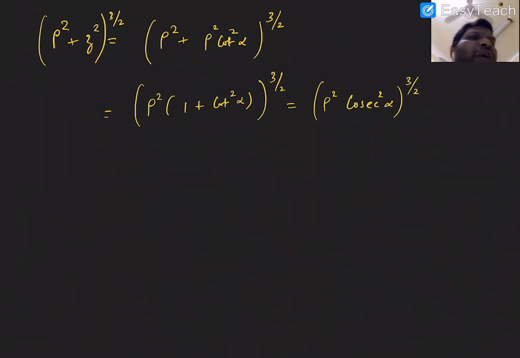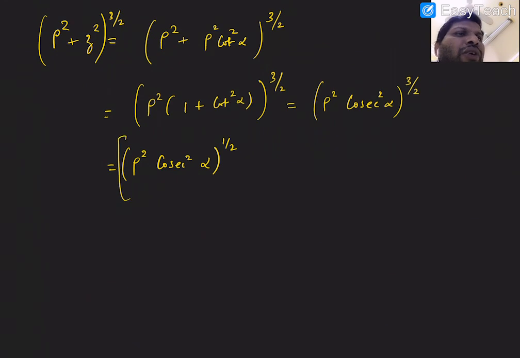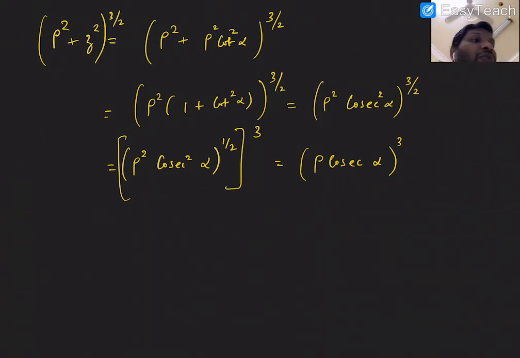So I can represent this as rho square cosec square alpha whole power 1 by 2, then whole power 3. So this is equal to rho into cosec alpha whole power 3, because whole power 1 by 2 gives rho into cosec alpha. This is equal to rho cube cosec cube alpha.